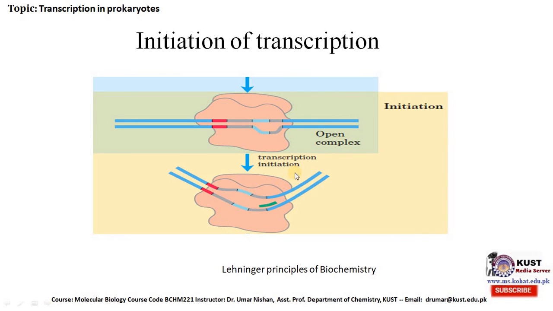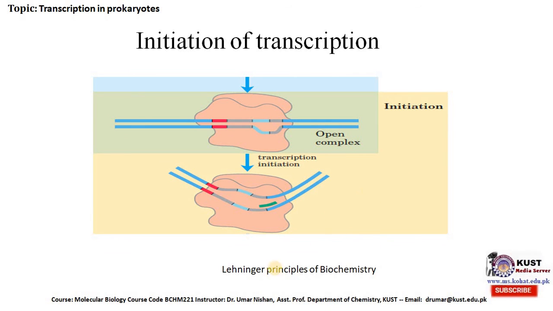Additional intermediates, additional proteins, not shown here, have also been detected in the pathways leading to closed and open complexes, along with several changes in protein conformation. The initiation phase overall encompasses transcription initiation and promoter clearance.